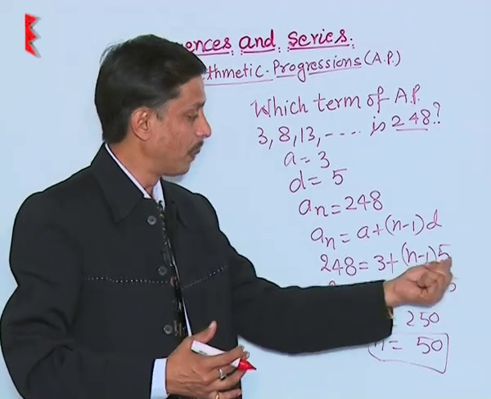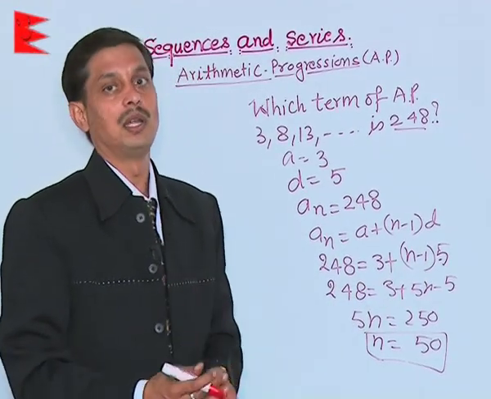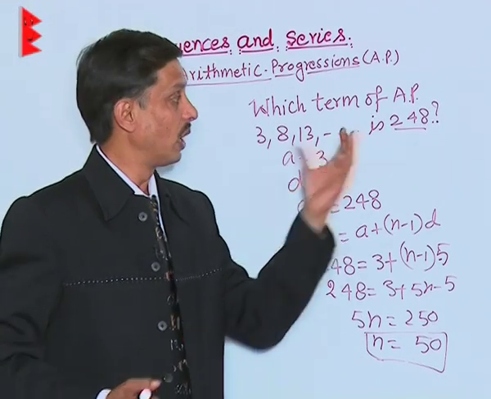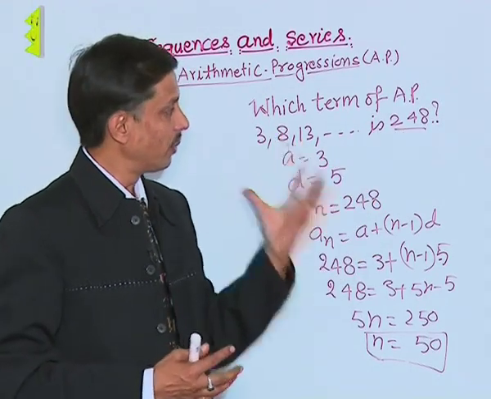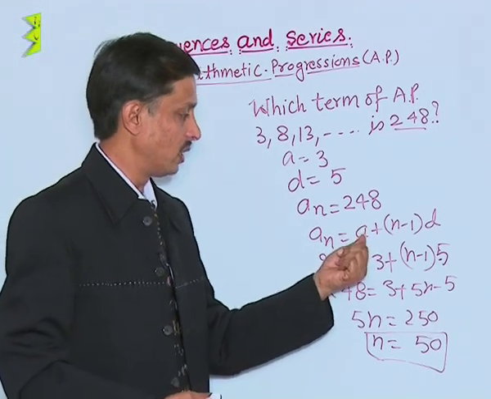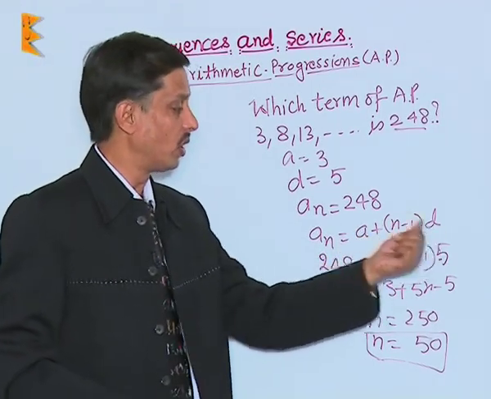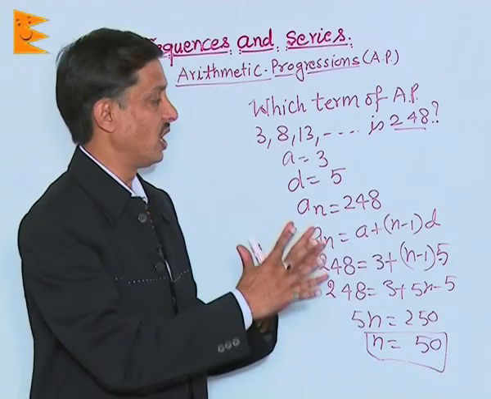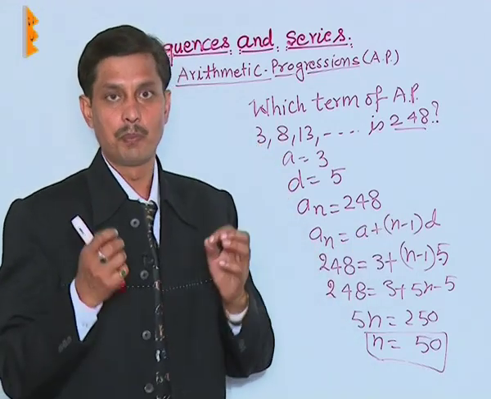With the help of this formula of the general term, we are able to calculate the position, we are able to calculate any term, and we are able to calculate either a or n or d, whatever is missing or required in the problem.